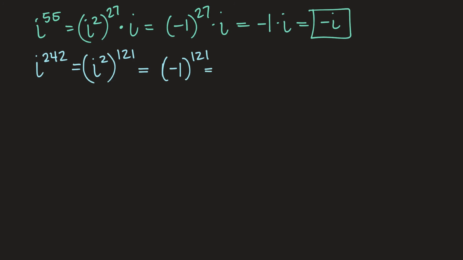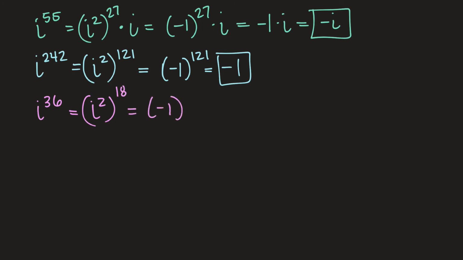And 121 is odd, so that would be negative 1. Okay, we could do i to the 36. So that would be i squared. And 36 divided by 2 is an even 18, so I don't need the extra i. So I have negative 1 to the 18th. And that's even, so that would be positive 1.